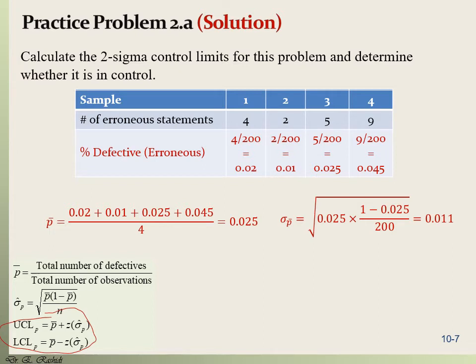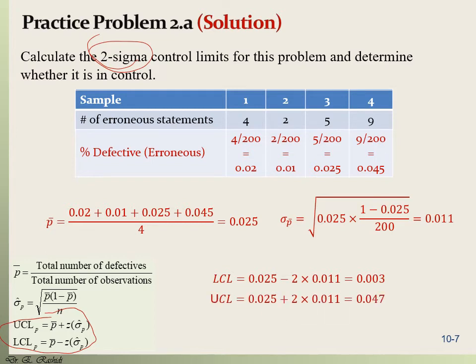And the problem asks for 2 sigma here, so this means that Z is equal to 2 here. So if you plug them in these formulas, we're gonna get the lower control limit as 0.003 or 0.3%, and the upper control limit as 0.047.